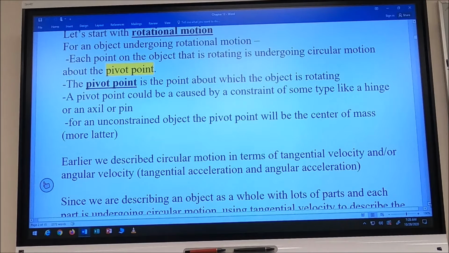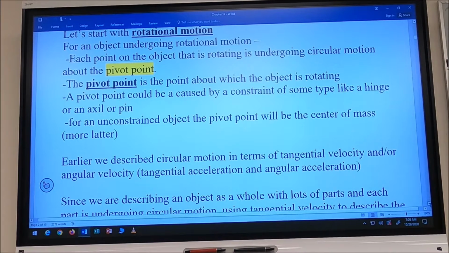A pivot point could be because of a constraint like a nail or an axle or a hinge, or it could be unconstrained, and the pivot point for an unconstrained object is the center of mass. Okay? So, when we look at rotational motion, we're looking really at circular motion.